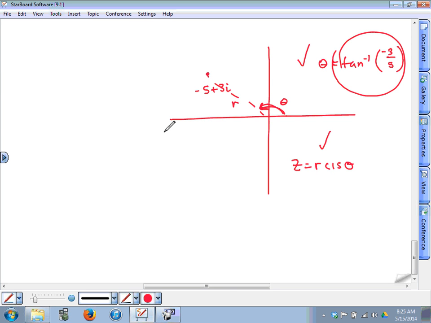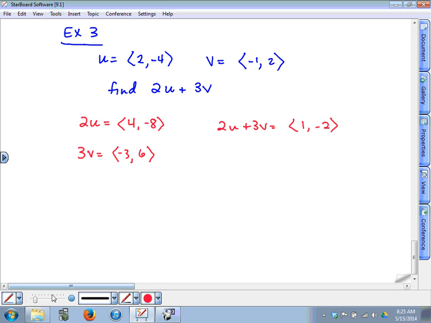It's the same thing when we're trying to find the direction of a vector. So let's do direction of a vector. So here's a vector. Let's say vector v is equal to negative 3 comma negative 5. Two parts.